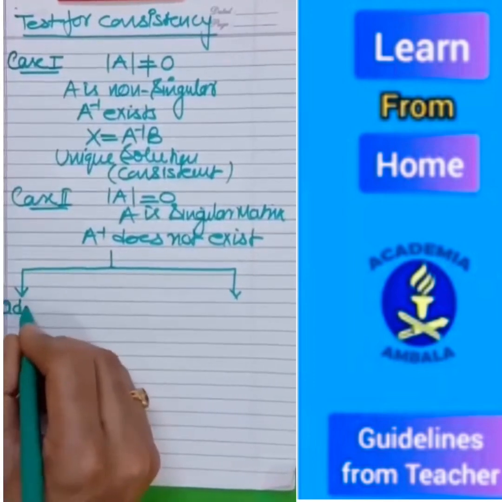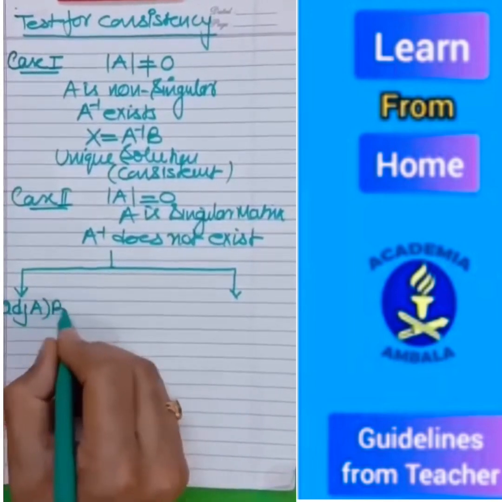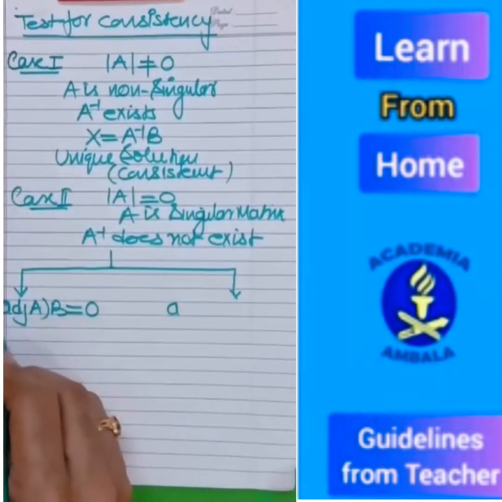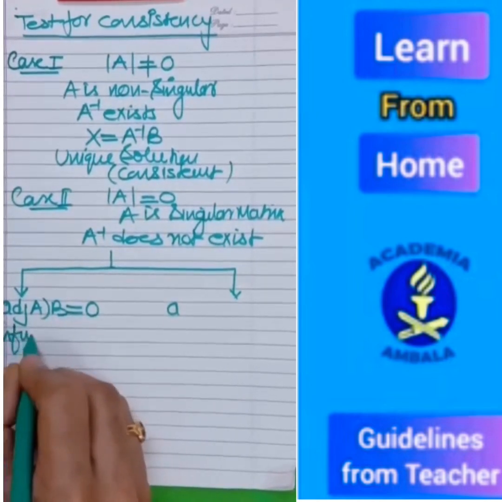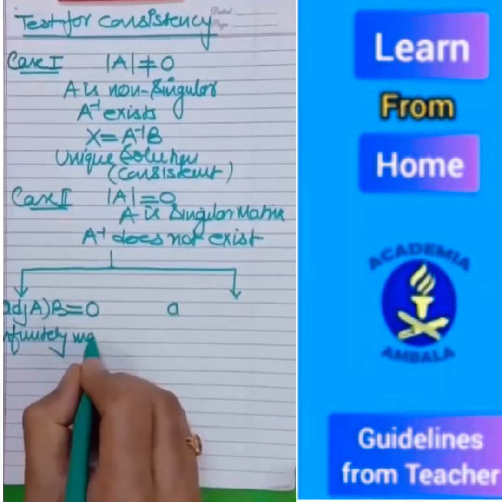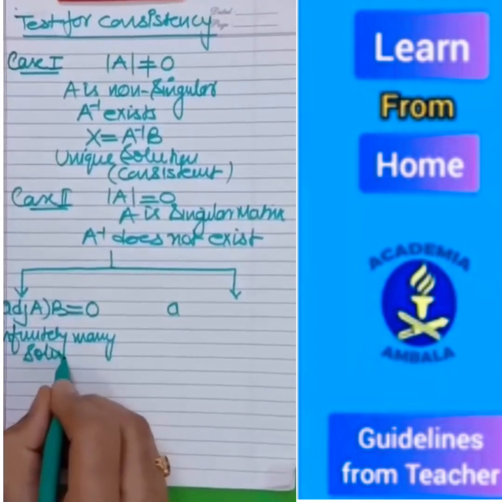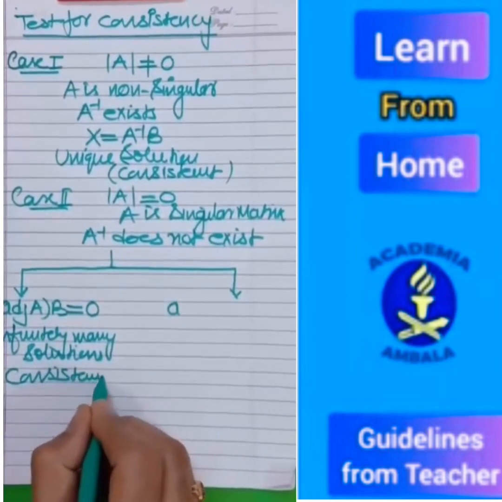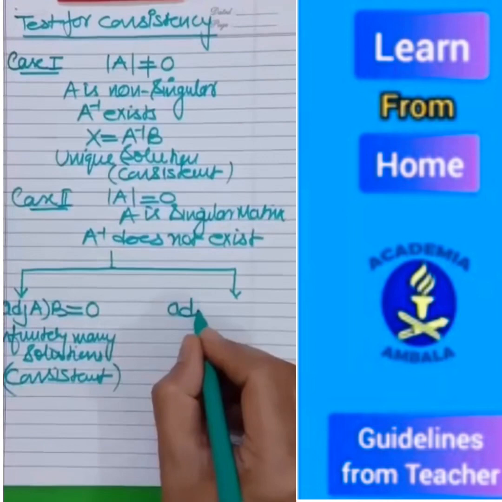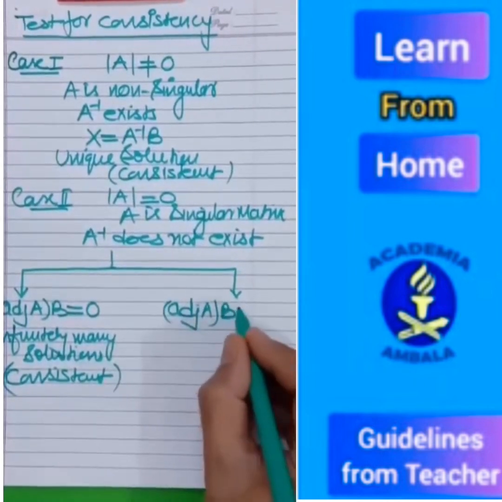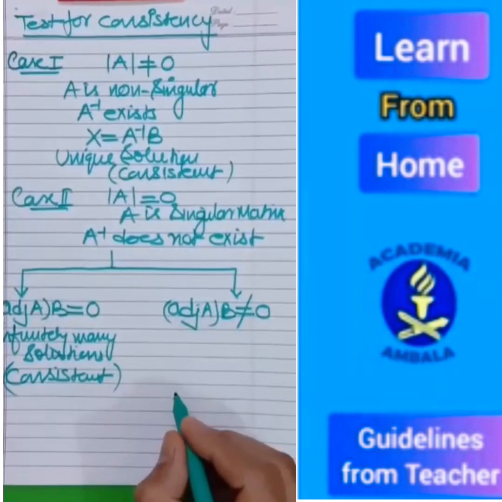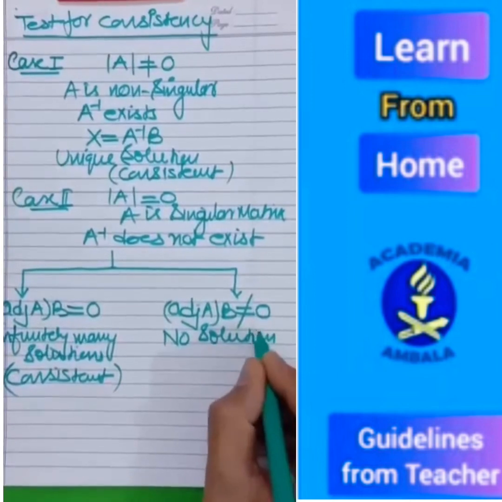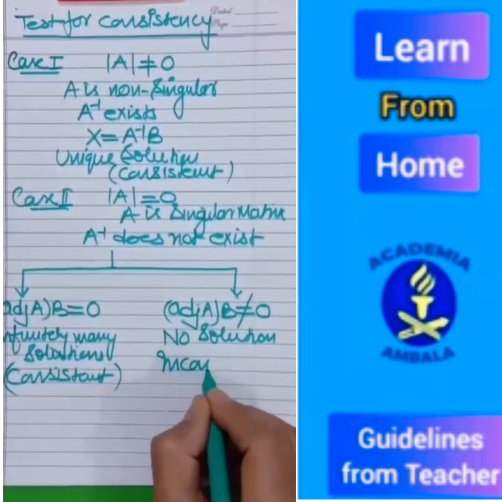In the first case, we will find adjoint A into B. If it appears to be 0, then we have infinitely many solutions. Infinitely many solutions means your system is consistent. On the other hand, if you are getting adjoint A into B non-zero, then the system has no solution. No solution means inconsistent.